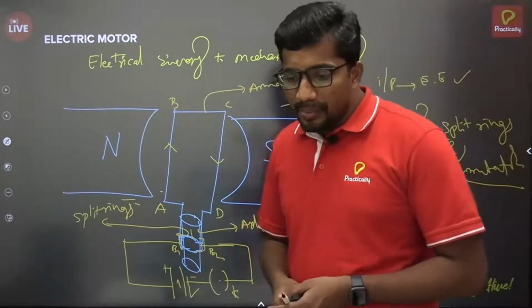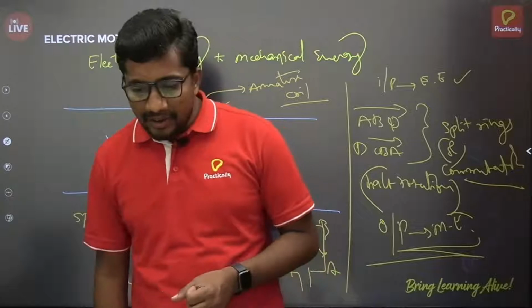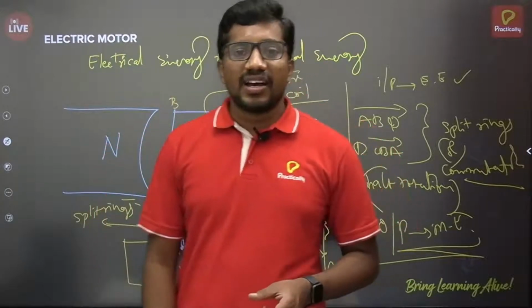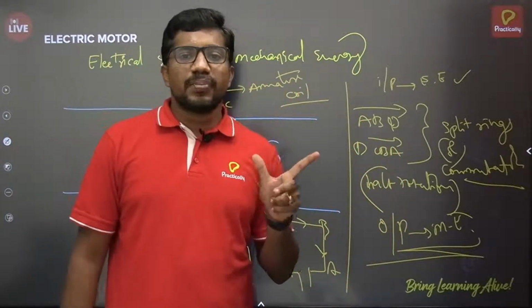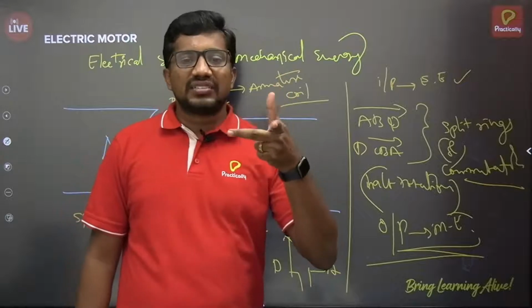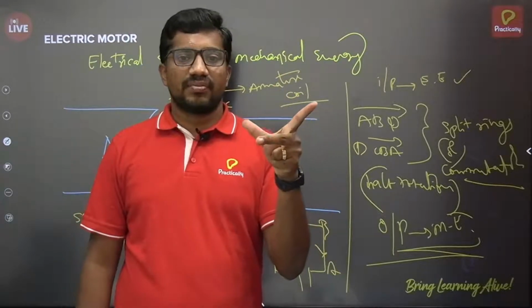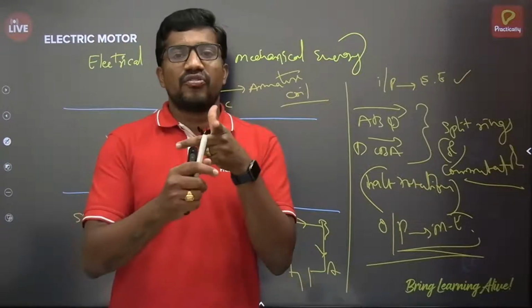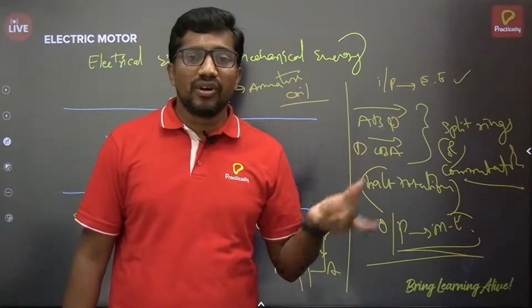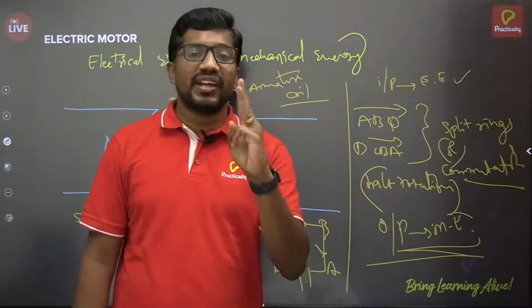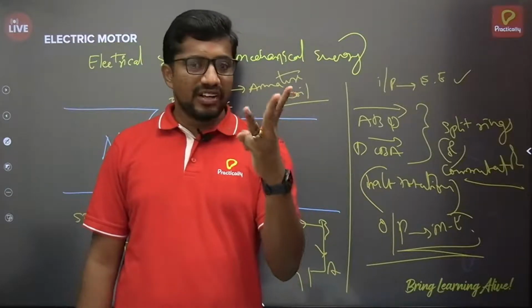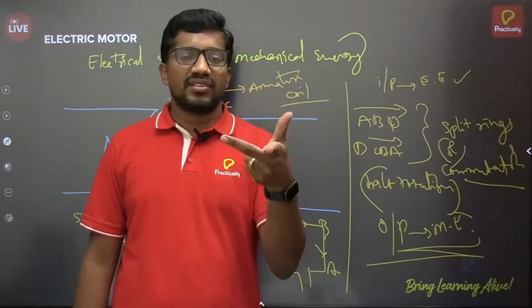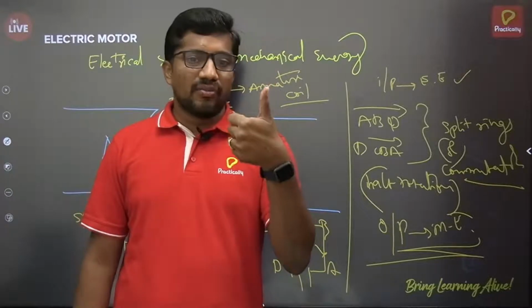How to remember Fleming's left hand rule, Aryan? See, it's very simple. Three fingers, three directions. First, we talk about three quantities: three fingers, three quantities.